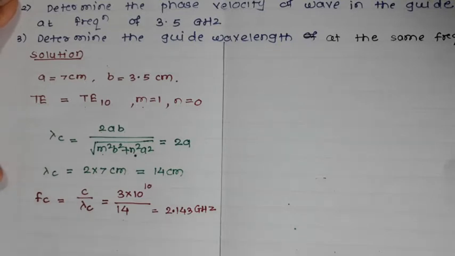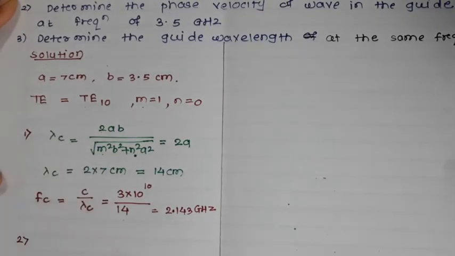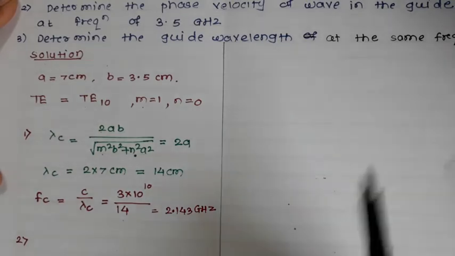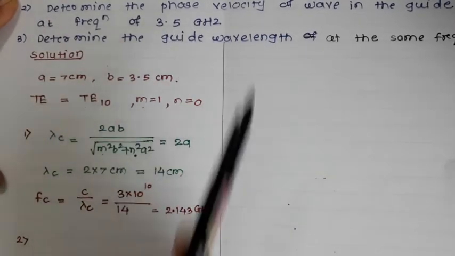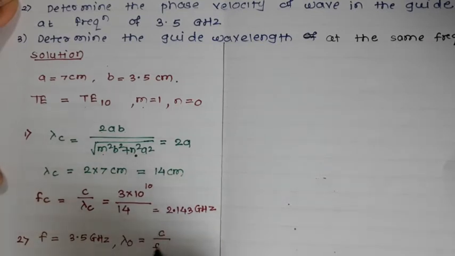Now next one is to determine the phase velocity. How to determine the phase velocity of the wave in the guide at the given frequency? Let us denote this lambda c as the first solution, and this the second solution. What is given over there? Determine the phase velocity of the wave in the guide at the frequency of 3 gigahertz. So f is given, that is 3.5 gigahertz. So I can calculate lambda 0, which is nothing but c by f.